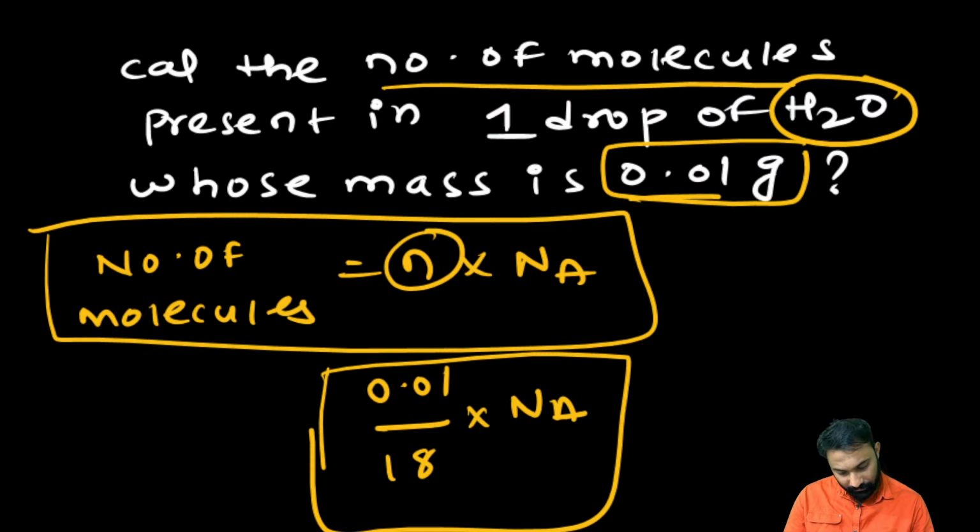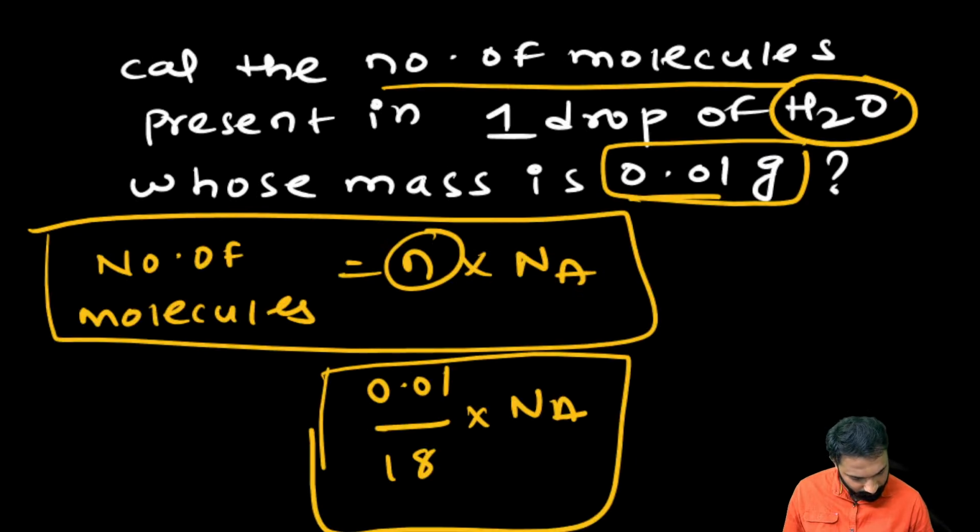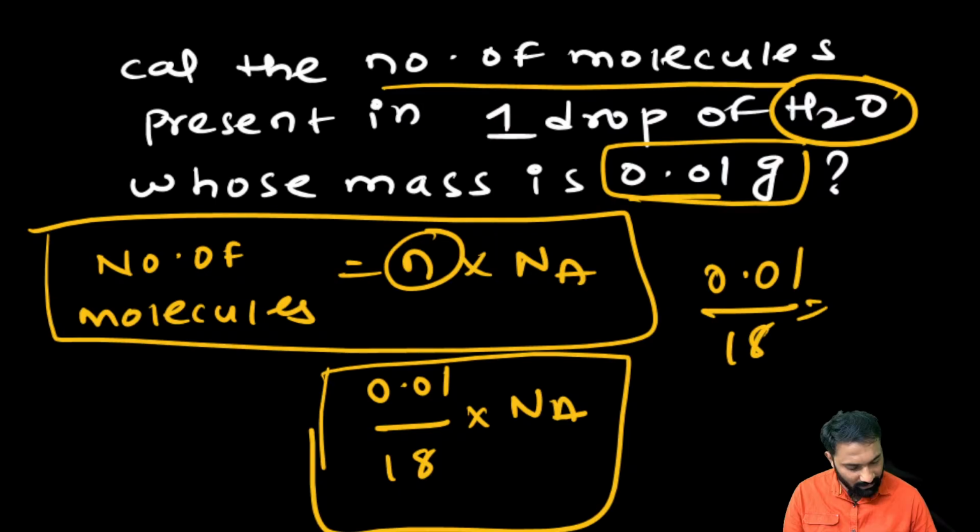Next I will level up the concept. 0.01, we can write it as 1 by 100 by 18.